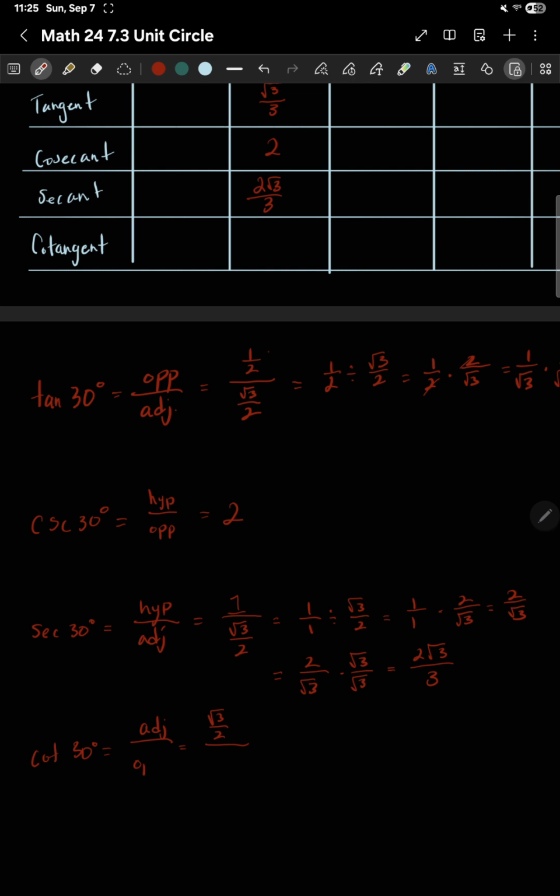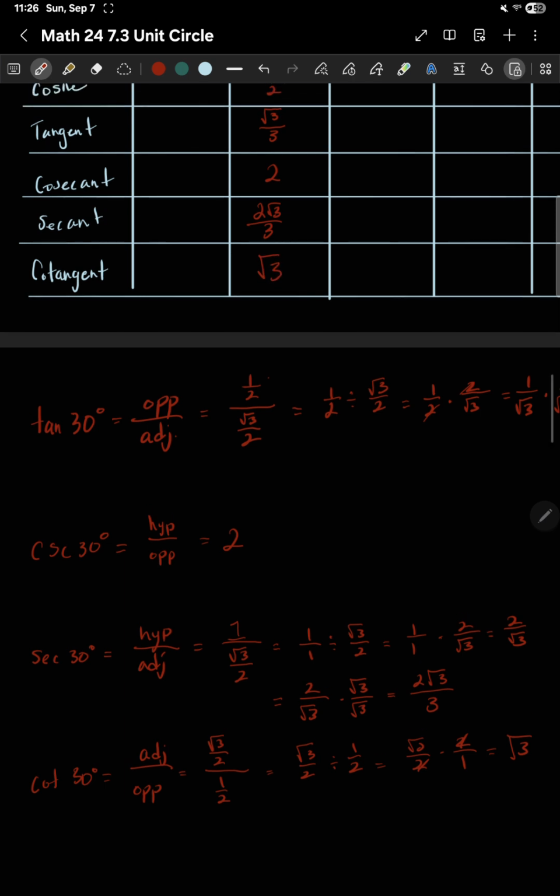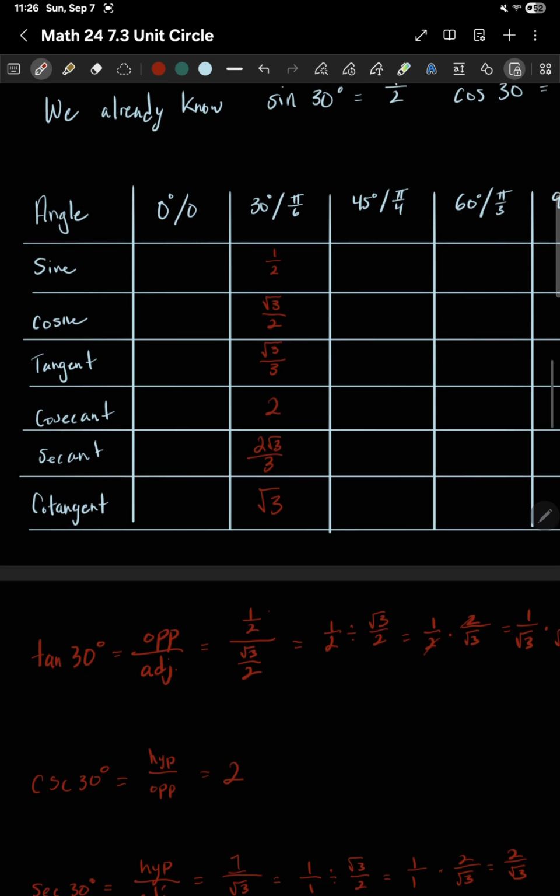Cotangent is adjacent over opposite. And we know the opposite side is 1/2. Well, that's equal to the square root of 3 over 2 divided by 1/2. But we don't like to divide fractions. We like to multiply by the reciprocal instead. So now the 2's will cancel, and we'll just get the square root of 3. Cool. So there is the table filled out for the 30 degree.